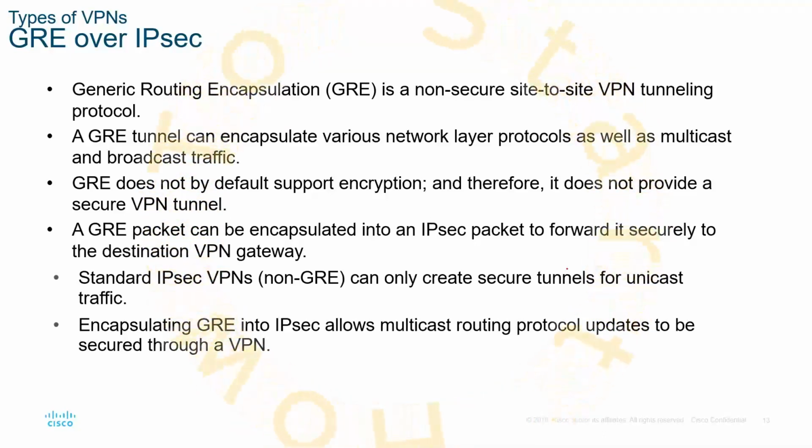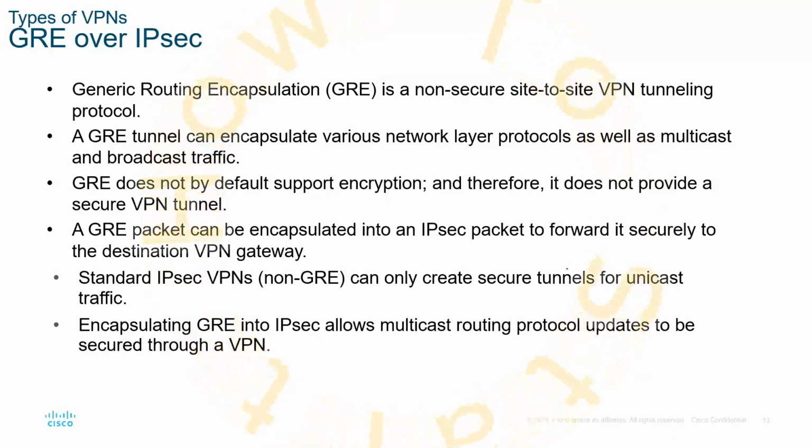A GRE packet can encapsulate an IPsec packet and forward it securely. The GRE is not doing the encryption. The IPsec packet is doing the encryption. A standard IPsec VPN, a non-GRE, can only create secure tunnels for unicast traffic.